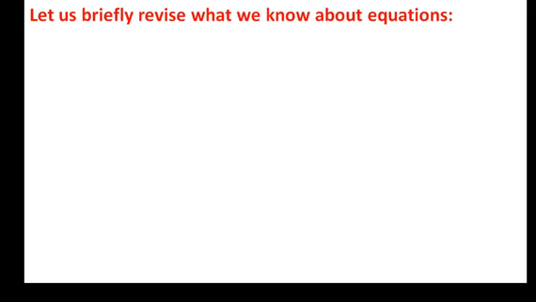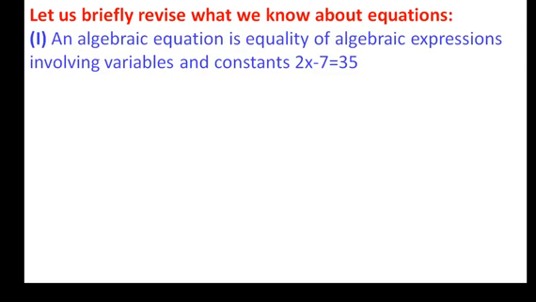Let us briefly revise what we know about equations. An algebraic equation is the equality of algebraic expressions involving variables and constants. That is, 2x minus 7 is equal to 35, for example. Now it has an equality sign.